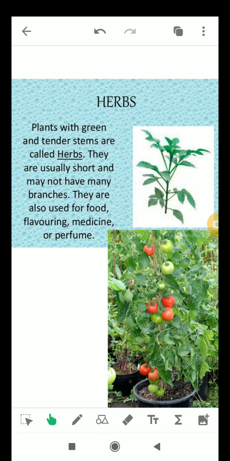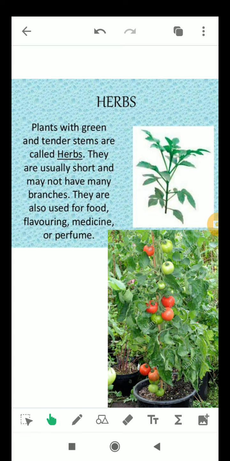Short means they are less than 4 feet, and their stems are totally green in color. The stem is very thin and soft. They may not have branches, and they have very short lifespans. They live for 1 or 2 seasons.